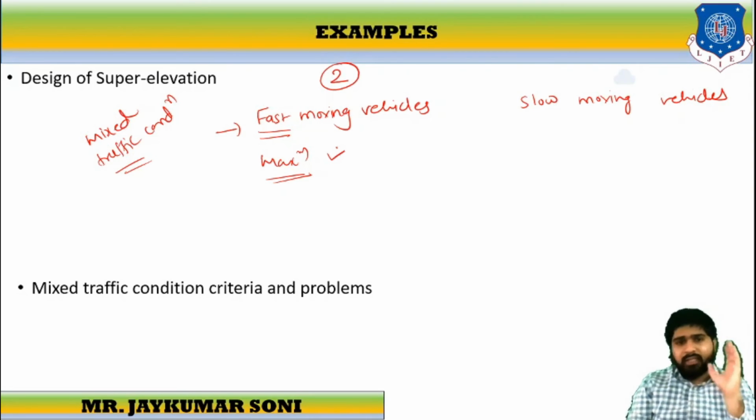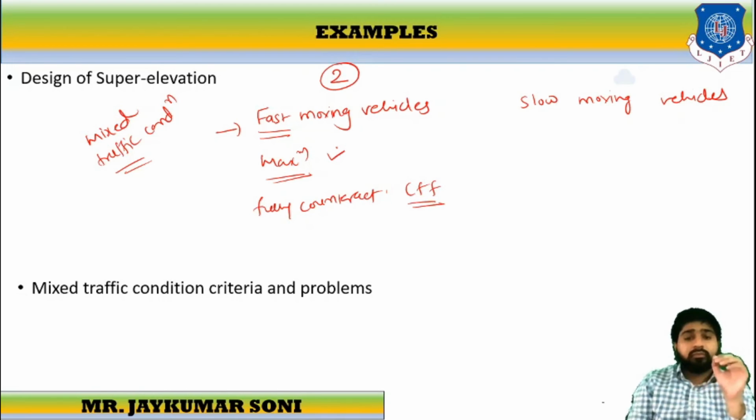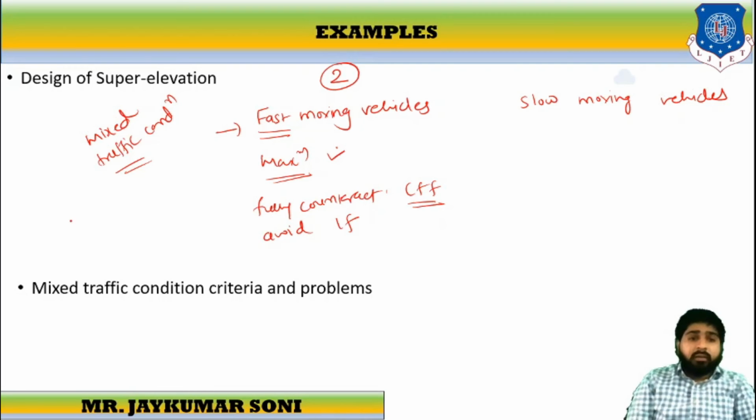So whenever we are discussing fast moving vehicles, heterogeneous traffic or mixed traffic condition, we can fully counteract the centrifugal force and avoid the lateral friction. The equation was e plus f is equal to V square by gR.